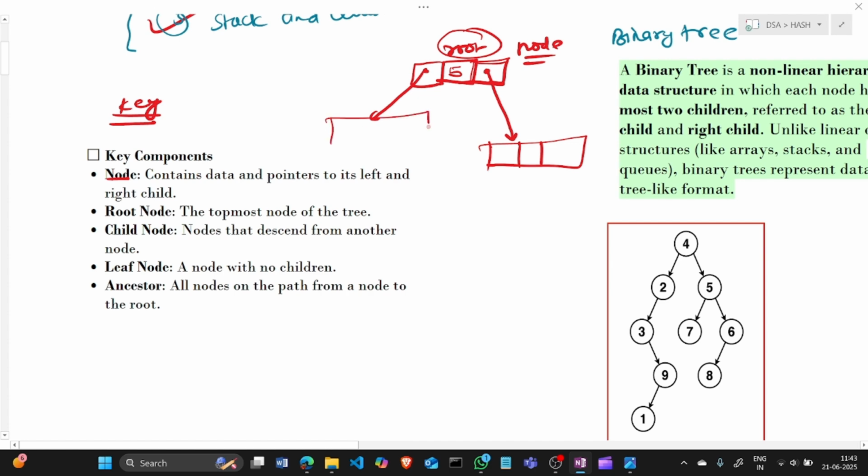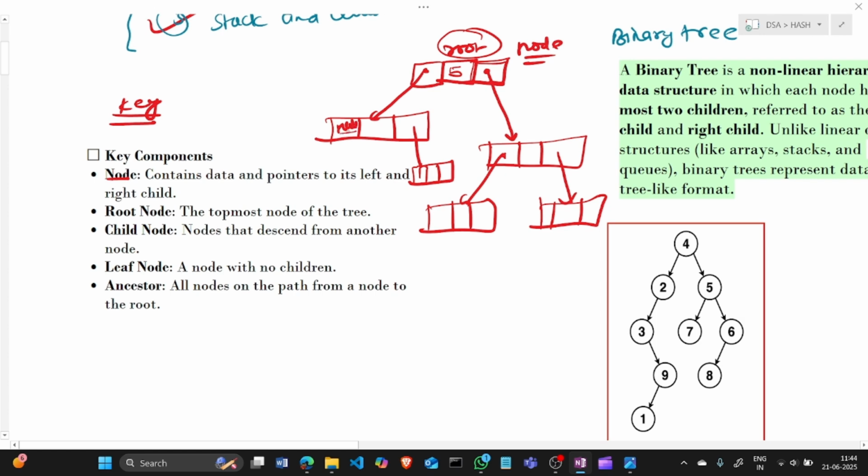And this pointer points to the left child node. In the same way, this can also point to someone like this, and this one is not pointing anywhere, so we can put null here. The middle portion will contain the key, key values like 5, 4, 3.